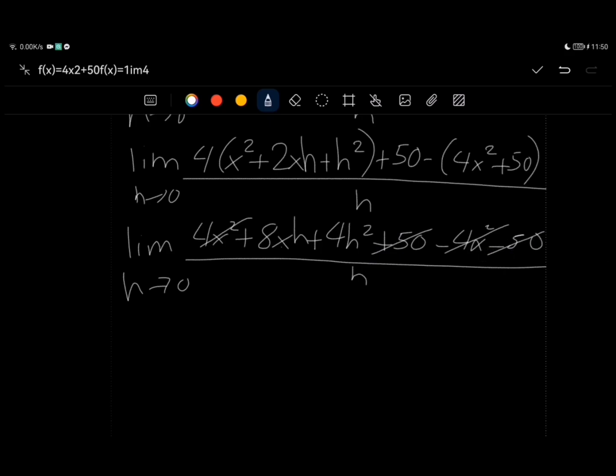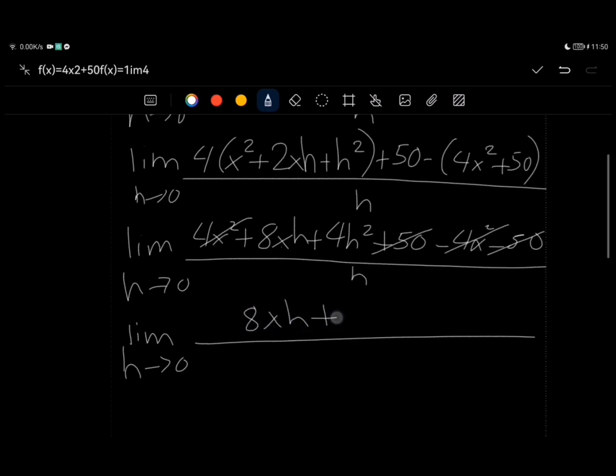So now, you just need to copy what is left. The limit as h approaches 0. You need to copy what is left. So that is going to be 8xh plus 4h squared.